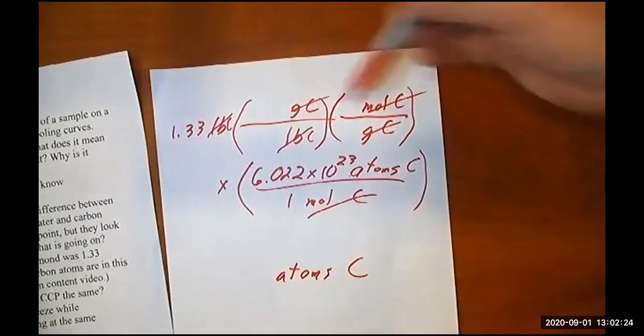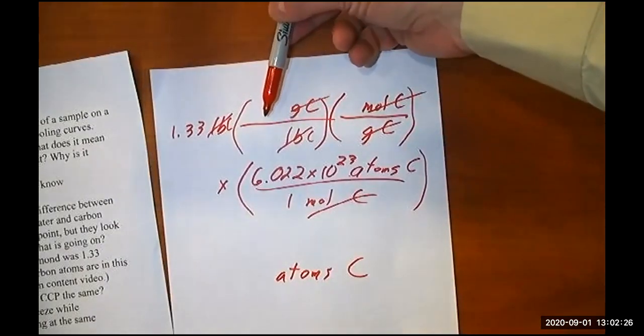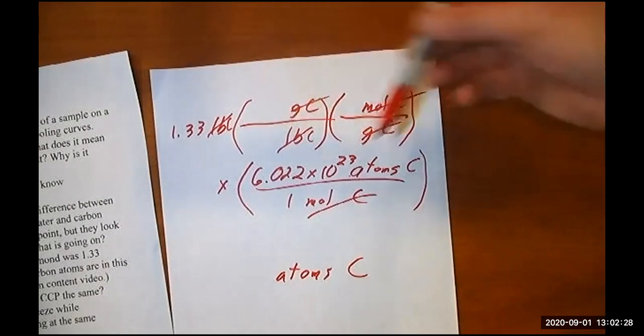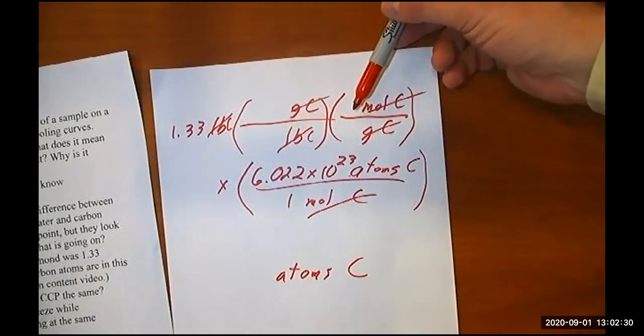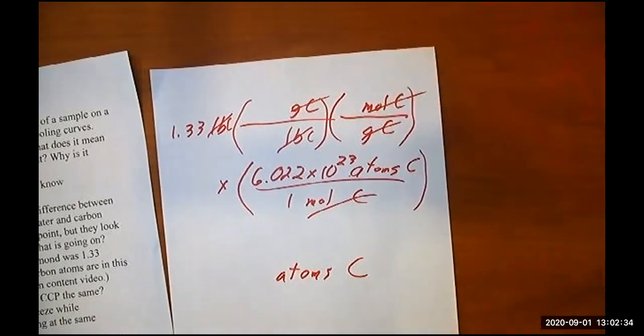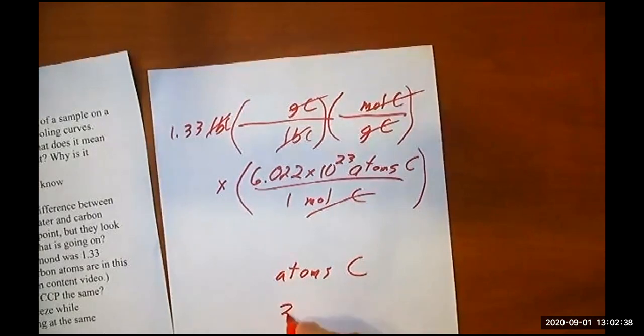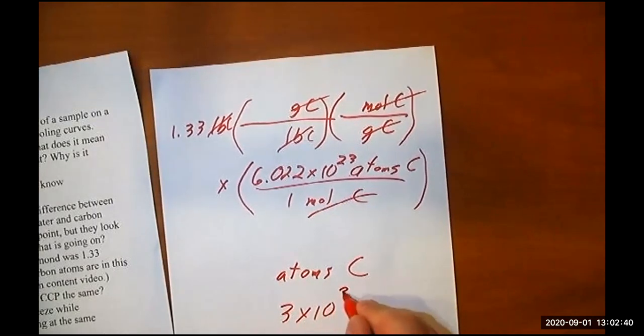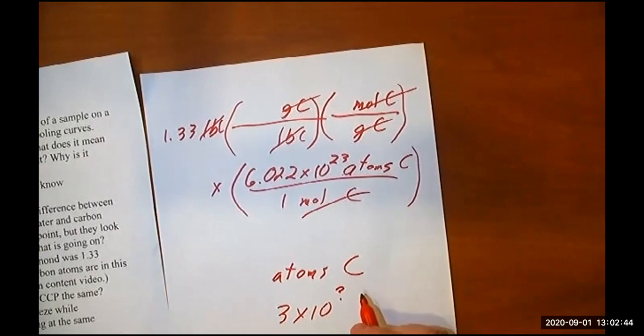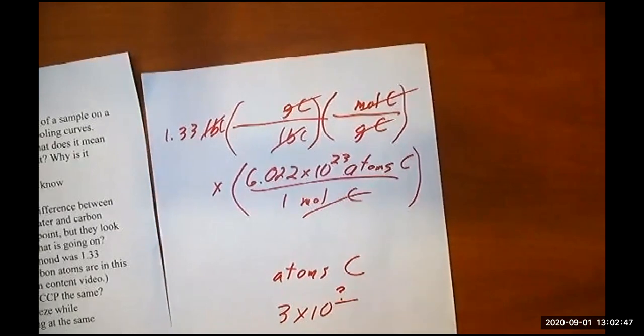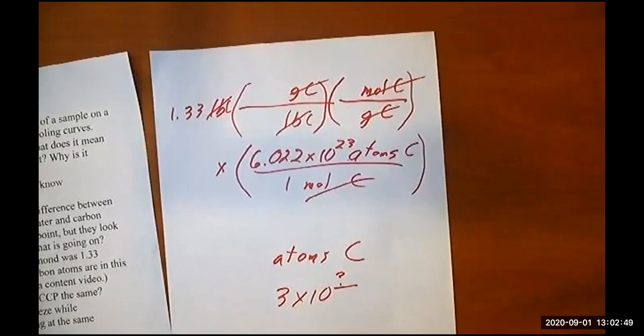I'm going to assume that you can look at the conversion from pounds to grams, and I assume you can look at the molar mass of carbon. And so you're going to get some big number. It's going to be, I think, 3 times 10 to the something. And what I'm asking you for in the quiz is what that something is. 3 times 10 to the what? It's going to be big.